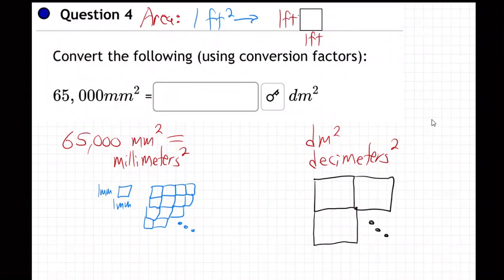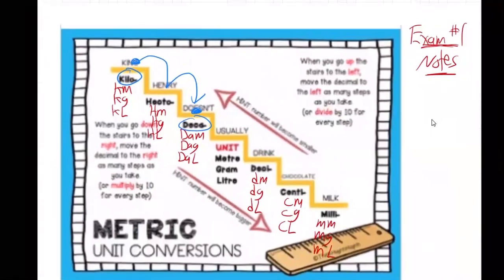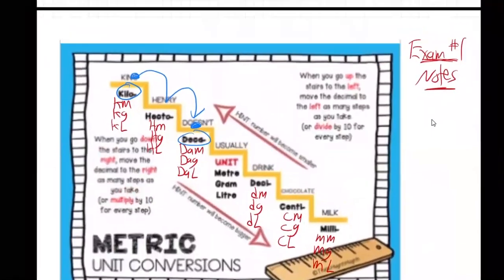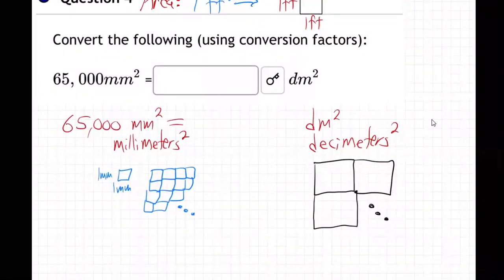Now, decimeters are a lot bigger. Square decimeters. In fact, I'm not sure off the top of my head. They're 100 in each dimension, so they're actually 10,000 times bigger. 10,000 little square millimeters fit in 1 square decimeter.